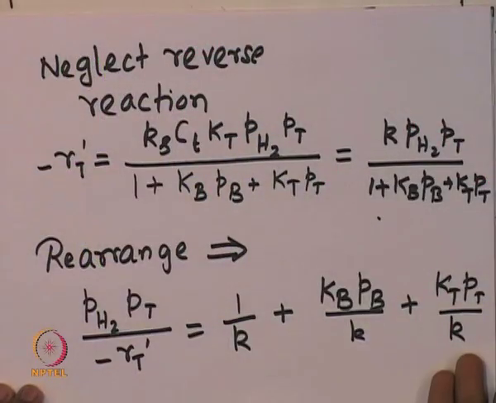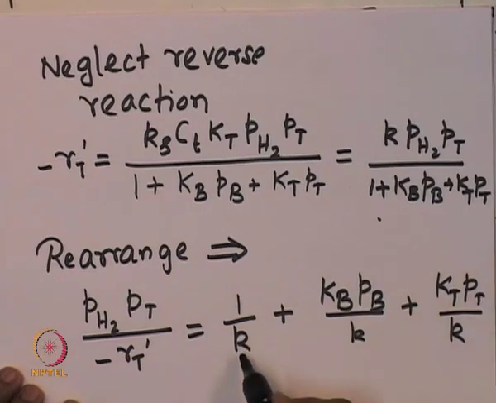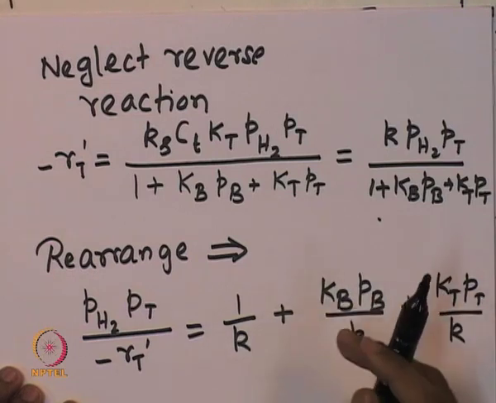For that, it is useful to write the rearranged expression, where there are 3 constants present: K, K b, and K t. These 3 constants need to be estimated using the experimental data, and in this form we will be able to perform a regression analysis to estimate these parameters.